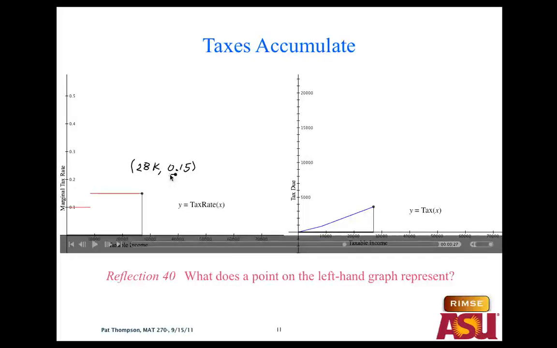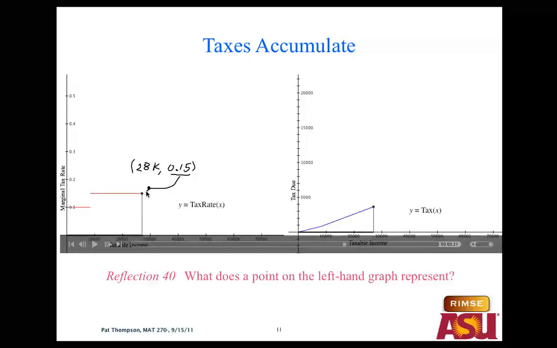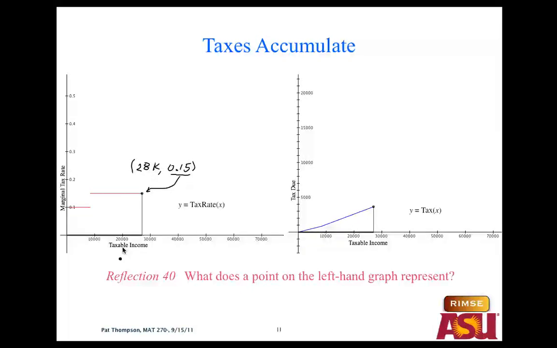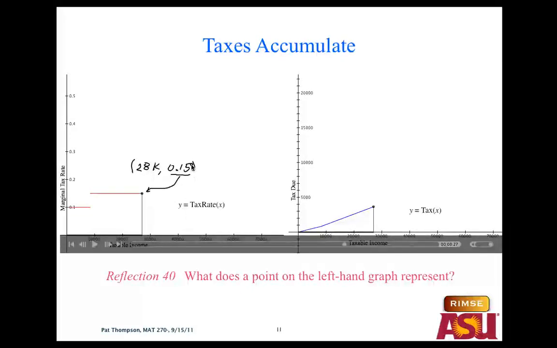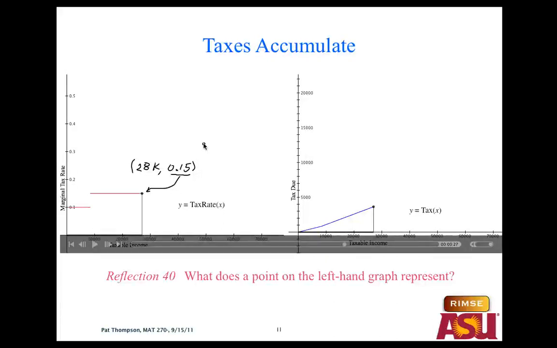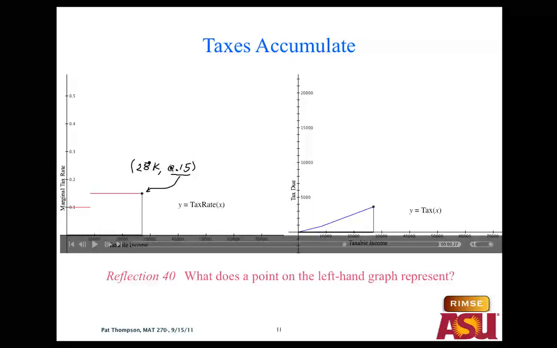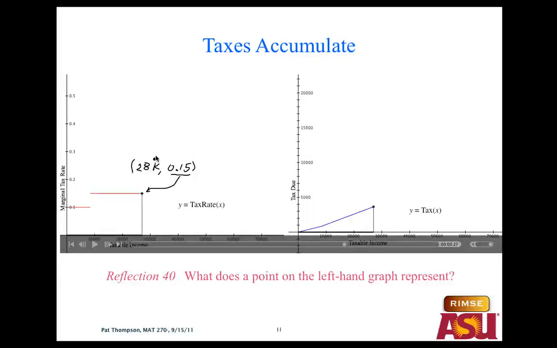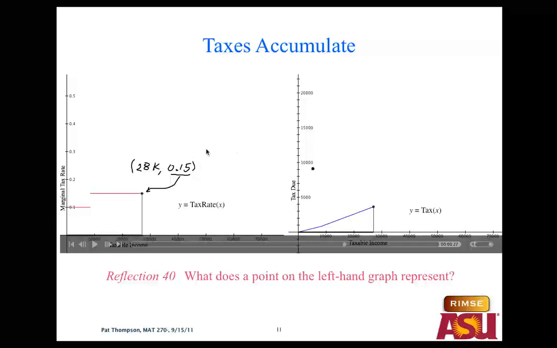That value relative to that point doesn't represent something for $20,000 or $12,000. Does that make sense? So what does that 0.15 represent? Would it be the tax rate at $28K? Right, exactly. It's the tax rate on the current dollar that you're making.